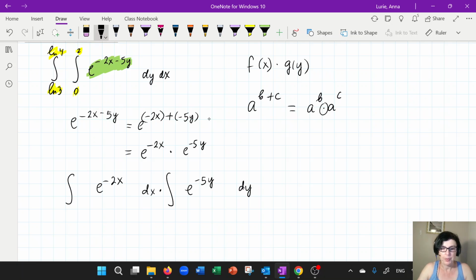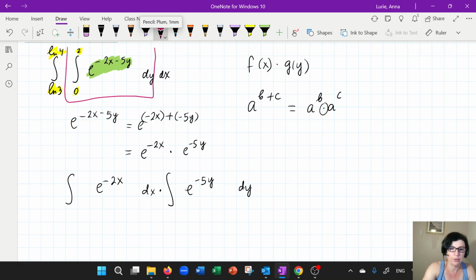Now, another important thing where you can get a little bit mixed up is which limits belong to which variable, right? Because you've got log of 3, log of 4, and then you have 0, 2. What's what here? Well, remember that the inside integral is computed first, and the inside integral is the y integral. And so these limits are the y limits.